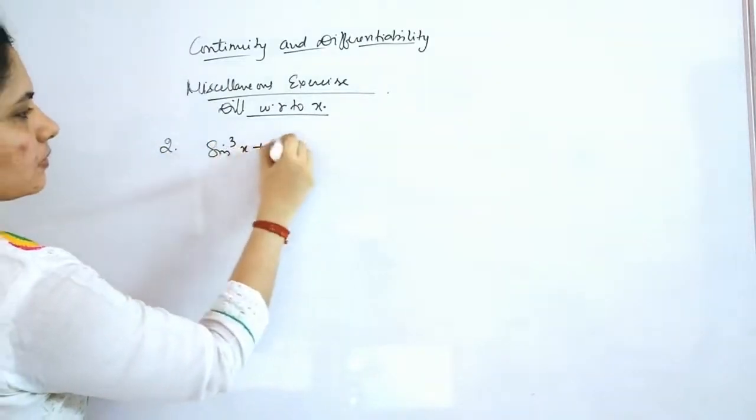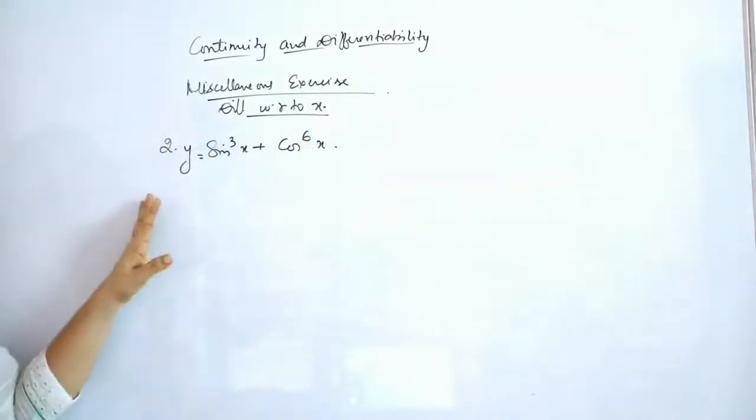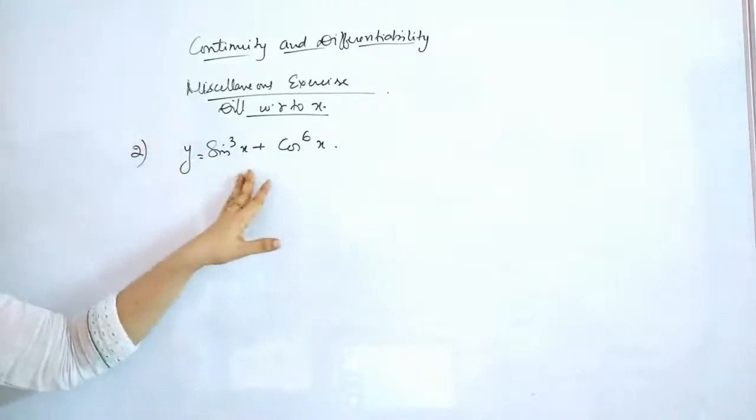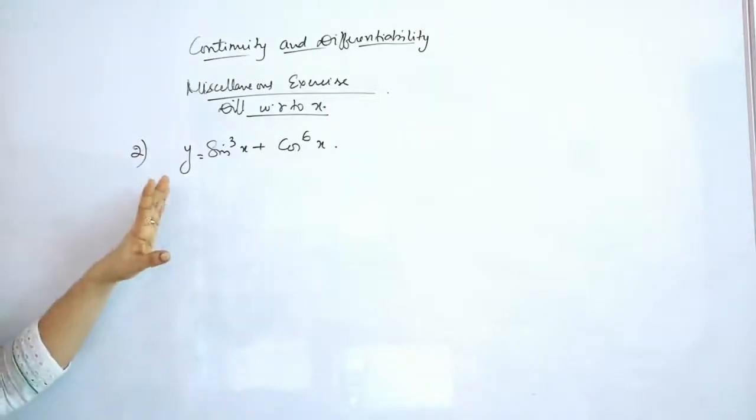Sin cube x plus cos raised to 6x. We will substitute the question as y = sin³x + cos⁶x, and you can just directly differentiate them.